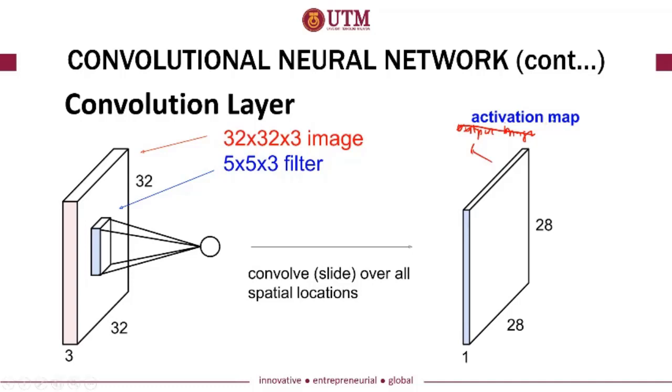Why is it an activation map? Because the activation map refers to your O. In a neural network it is O, a matrix of O. Don't get confused, because in the last lecture I said that after you do the convolution over the entire image, you get a matrix.